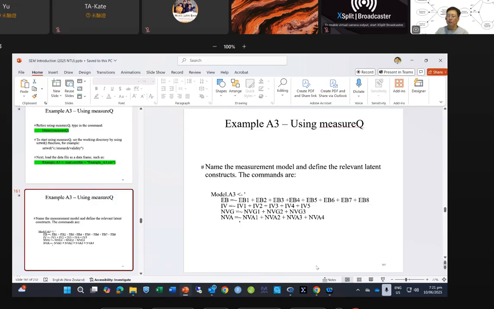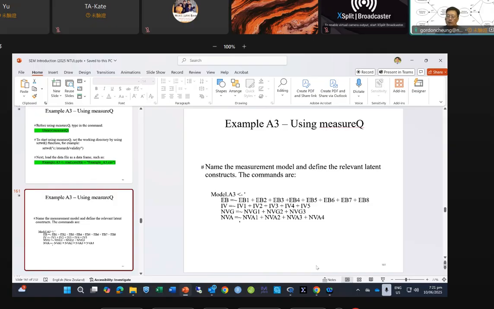Then for convergence validity, many management papers just say that our model fits the data well. Then they say we have convergence validity. That is wrong. Some say that our factor loadings are significant. Well, everything is significant if you have a large sample size. Some people say that our lowest factor loading is 0.4, for example.